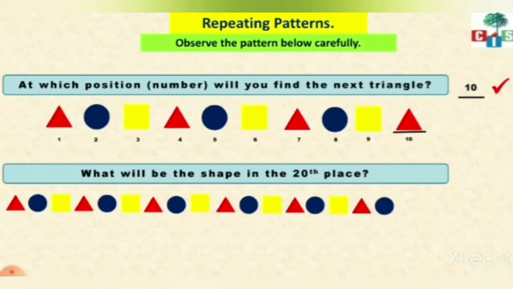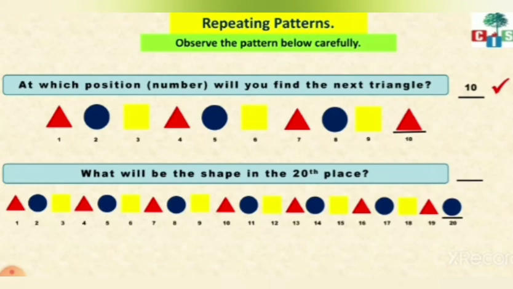Triangle, circle, square. Triangle. Now let's check. If you see, the numbers are written down, right? So at the 20th place, what will be the shape? Can you tell me? Yes, that's a circle. So at the 20th place, it is a circle. Right, students? Now, let's move to the next slide.